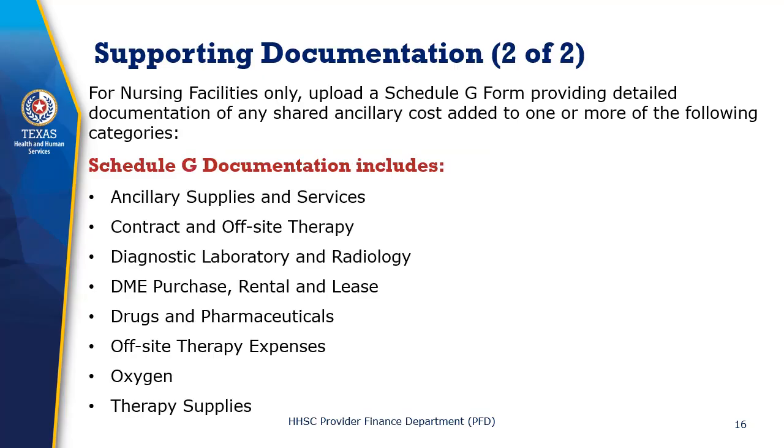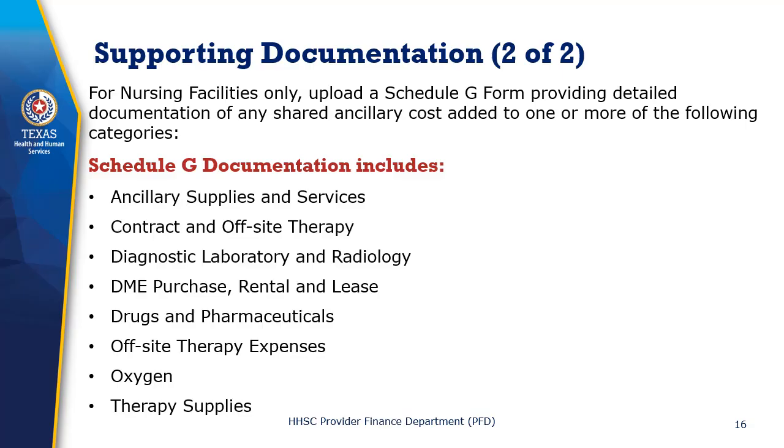For nursing facilities only, if you enter costs in any of the specified categories, you must upload the Schedule G documentation during the document upload process. Schedule G documentation can include a range of items, such as ancillary supplies and services, and contract and off-site therapy expenses.